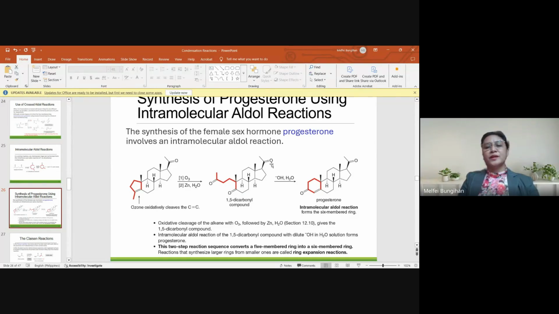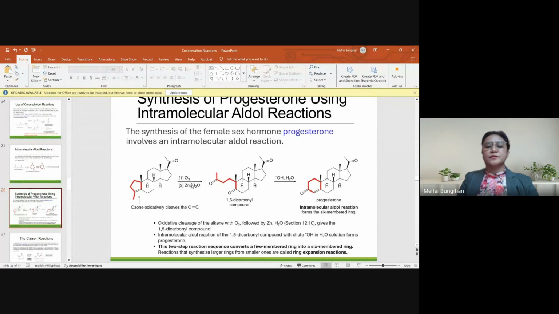This is one example of having the intramolecular aldol reaction. You see from this bond that it has this original formation from here.